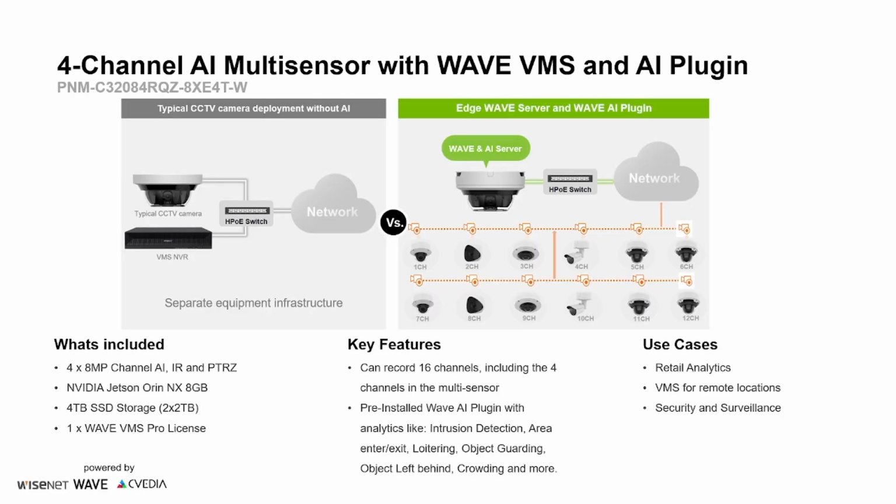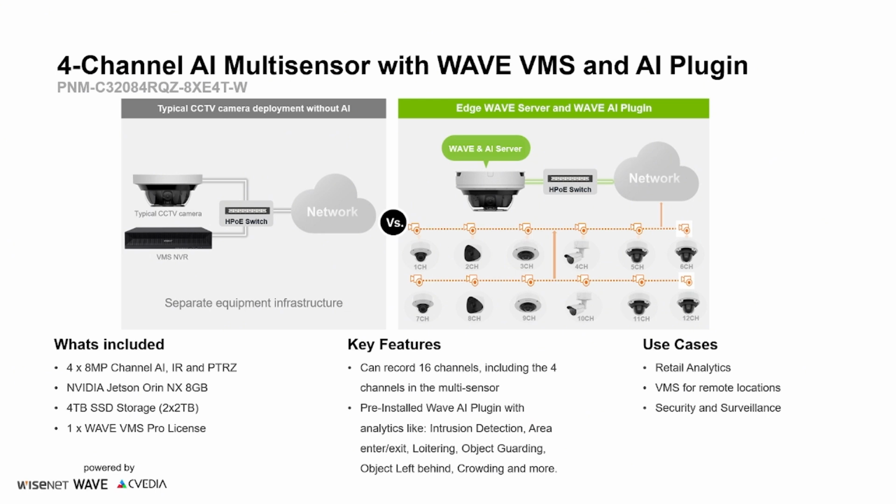This slide just gives a visual representation of what a typical deployment looks like. So we would have a standard camera, we would have an NVR. We do have NVRs that can run the CVEDIA plugin as well, connected to the network, and then clients would log in, view the video, and configure the system that way. In this case, we've taken that server and we've put it out at the edge on the camera.